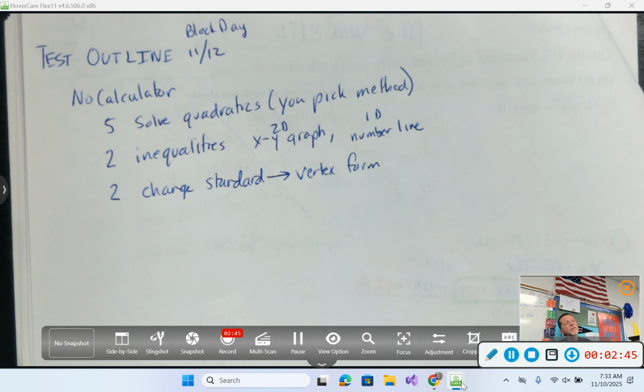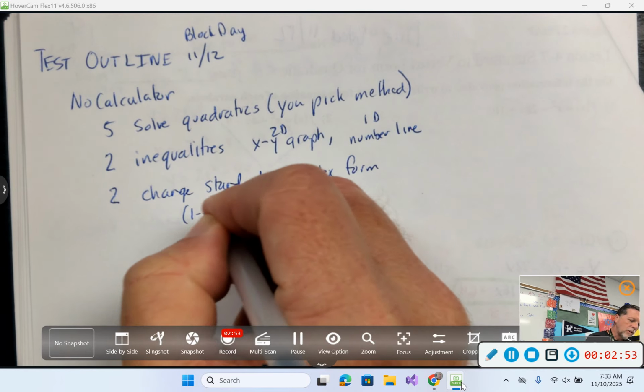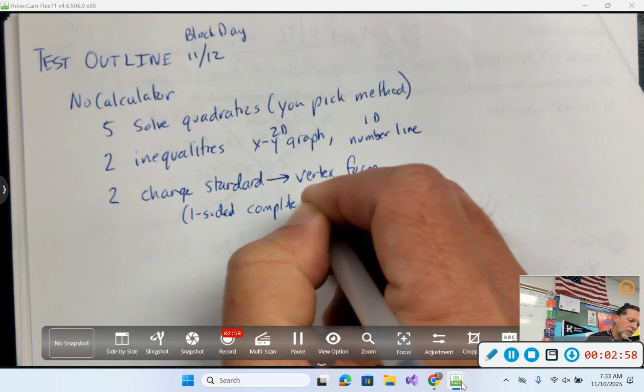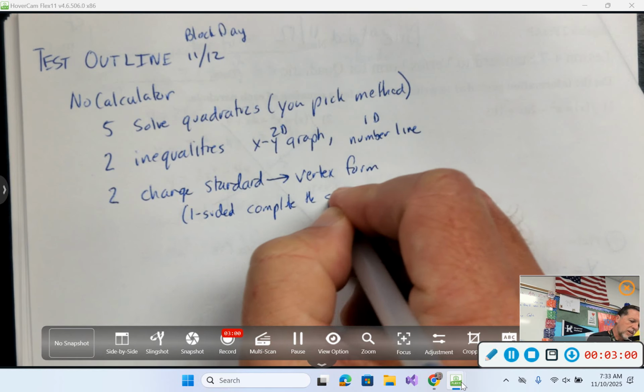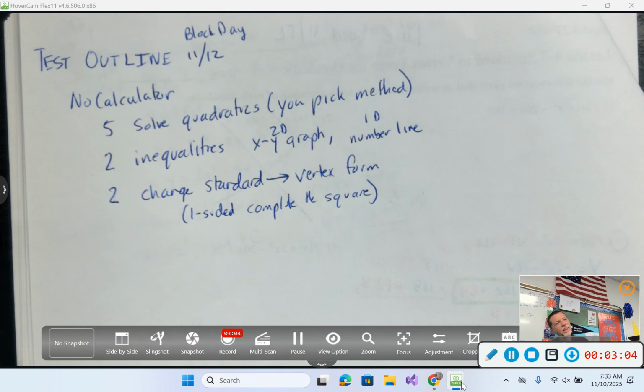What's the name of that method? You're right, the first thing you do is push that last one. It's complete the square. And it's sort of one-sided complete the square, because you don't do anything on the other side. You just kind of move things around. So yeah, you push C out to the end. Half it, square it, add it. And then account for the thing that you added.